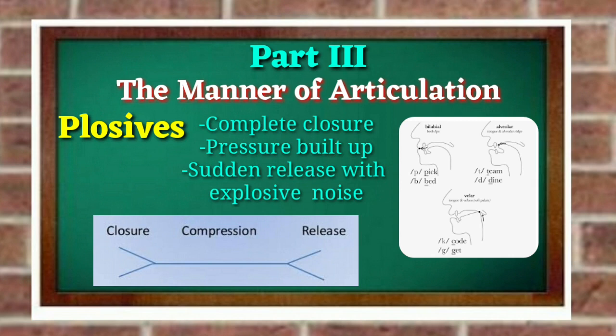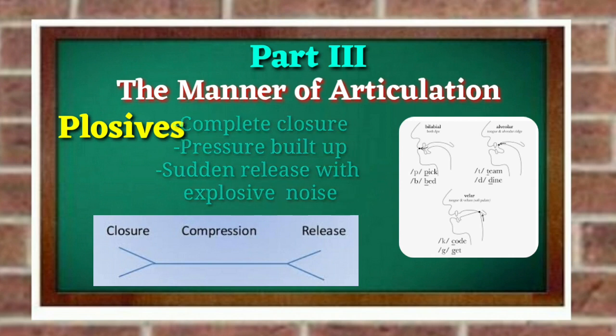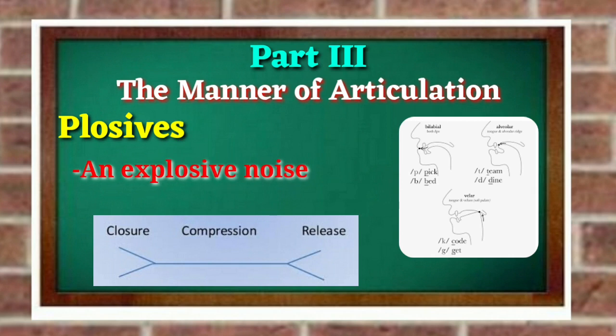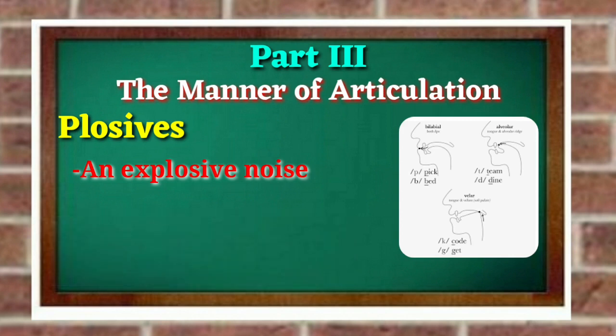How? The air escapes through two articulators with an explosive noise, and due to the complete closure, pressure builds up and air escapes with explosive noise. These sounds are known as plosives.